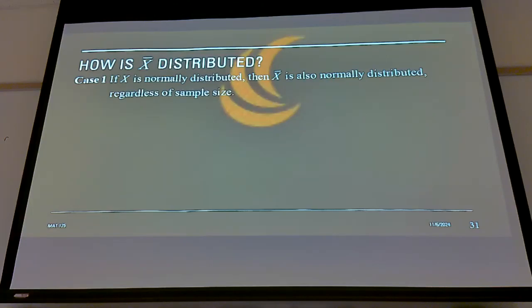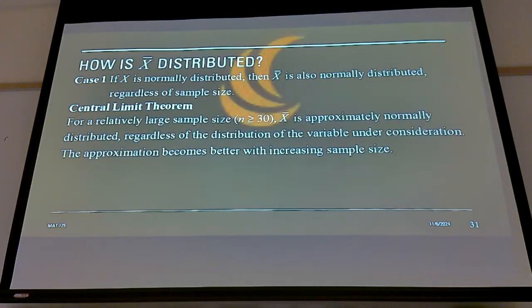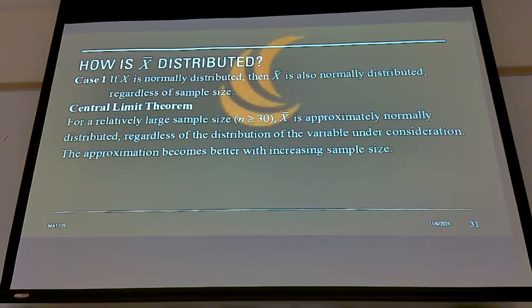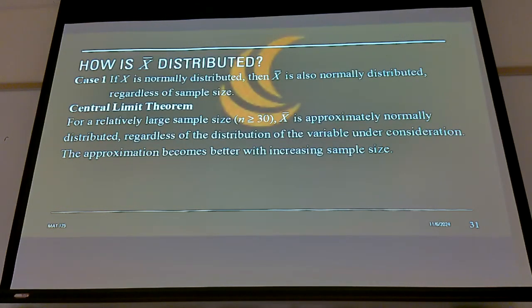It's called the central limit theorem, which states that for a relatively large sample size, say n is greater than or equal to 30, x bar is approximately normally distributed regardless of the distribution of the variable under consideration. Now obviously this approximation becomes better as n gets larger.